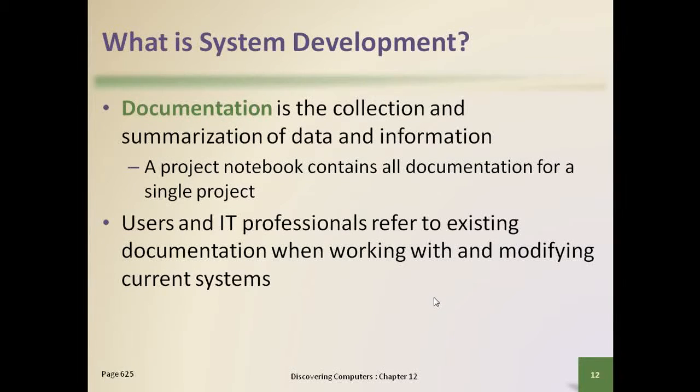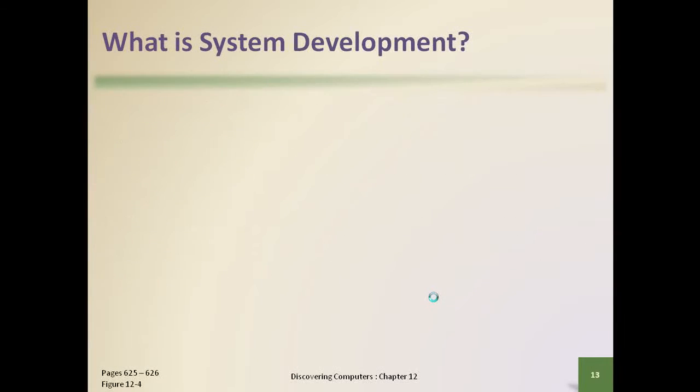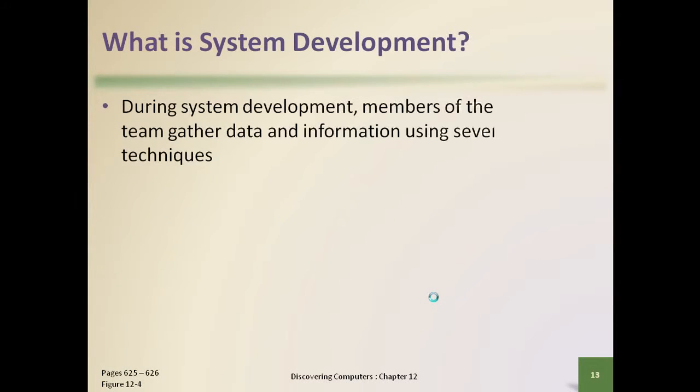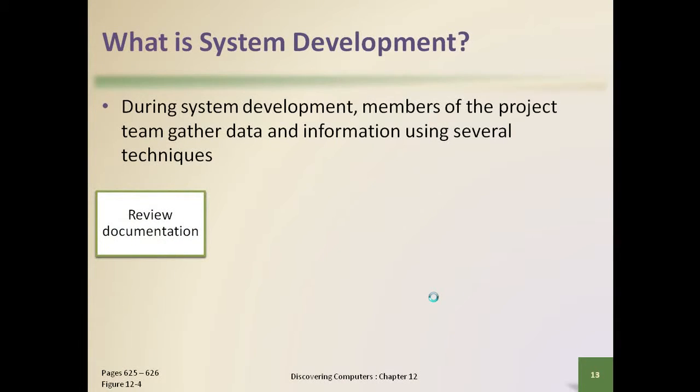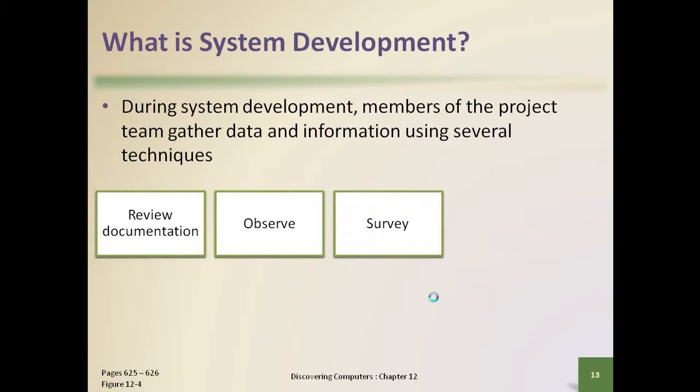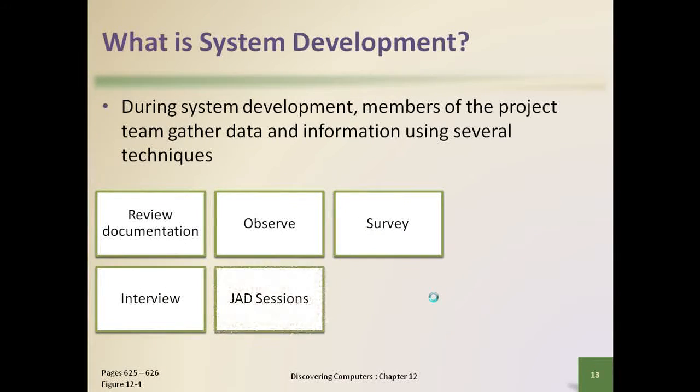Users and IT professionals refer to existing documentation when working with and modifying the current system. During system development, members of the project team gather data and information using several techniques: review documentation, observe, survey, interview, JAD session, research.